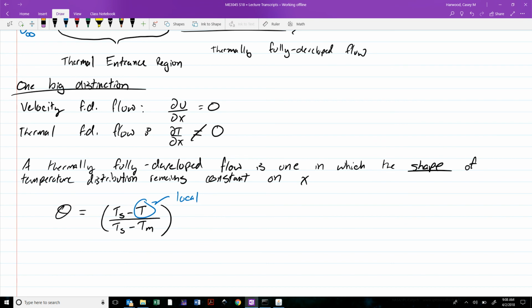So theta is defined as this, which means that theta is scaled and non-dimensionalized. The fully developed flow is one such that d theta dx is equal to 0. So the idea here is that we're not concerned with this term being unchanging on x. We're concerned with this entire term not changing on x.